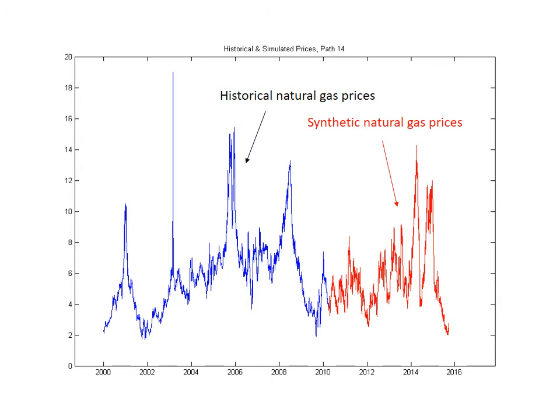And so what we end up with is an ability to come up with synthetic prices that look like historical prices in terms of their statistics: the mean, the fluctuations around the mean, but also the autocorrelation, even though we're not explicitly modeling this as an autoregressive process.